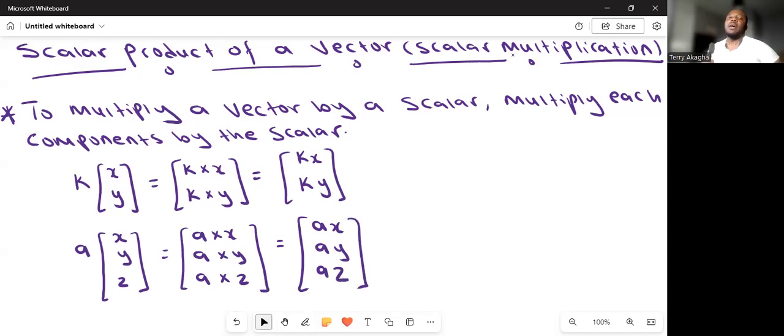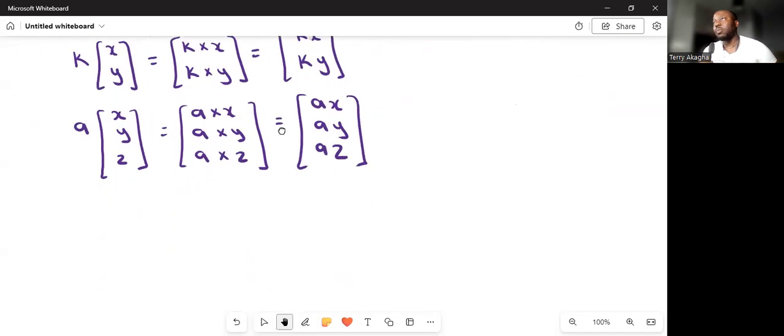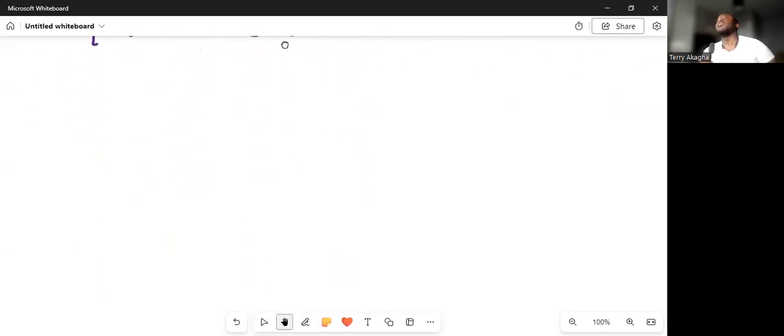Good. Now, we need to be careful when doing this about the magnitude and direction because we're talking about vectors.